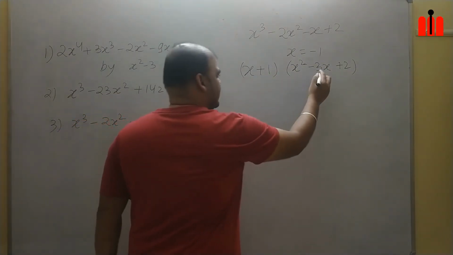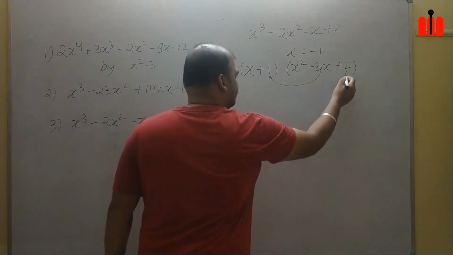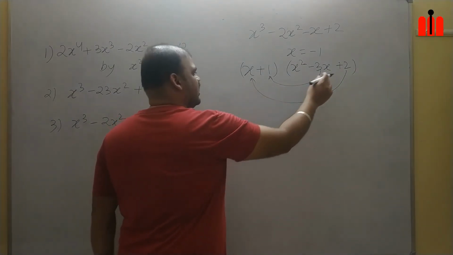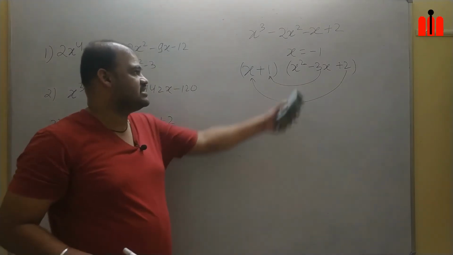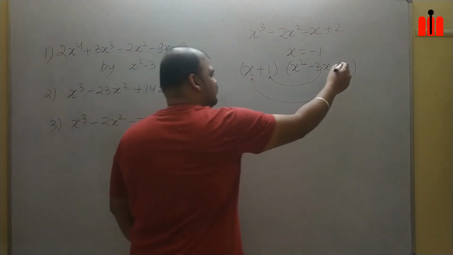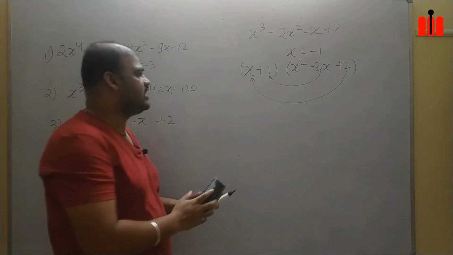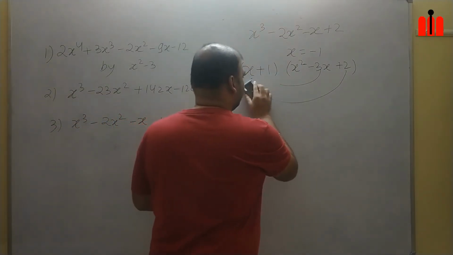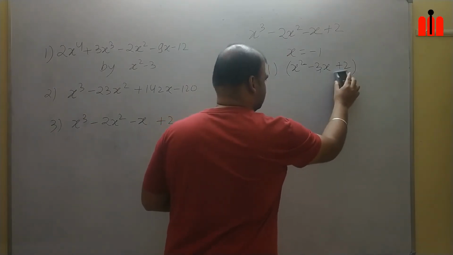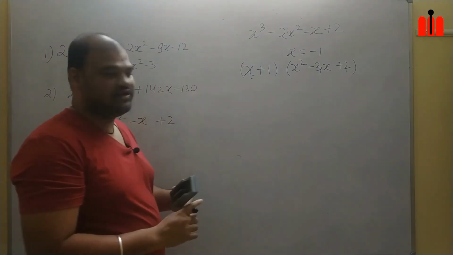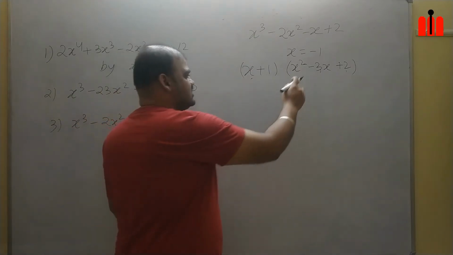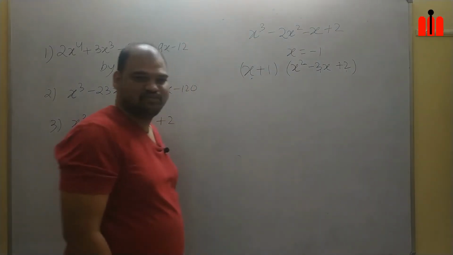Okay, minus 3x with this and plus 2x with this, it will get minus x, and at last 2 will be multiplied with 1 to get the constant term, which is 2. Okay, so this is how we can do this as factors. Now further, this x square minus 3x plus 2 can be done by splitting the middle term.